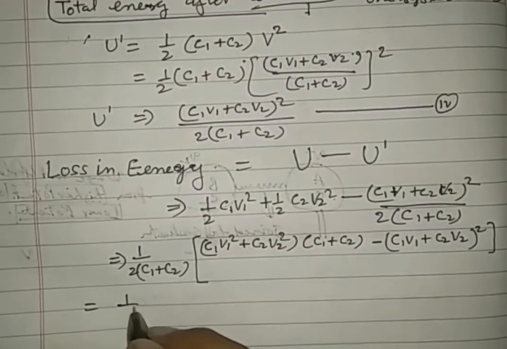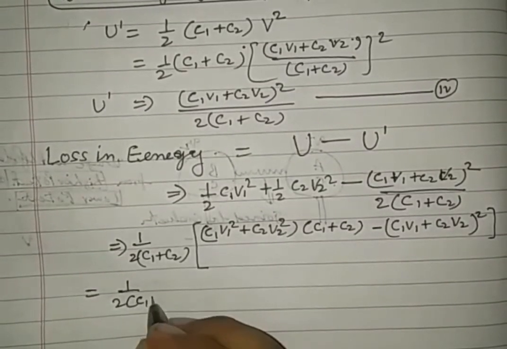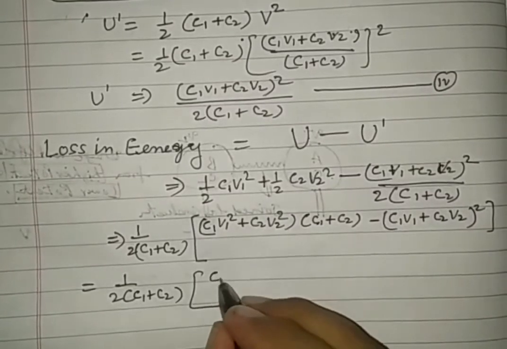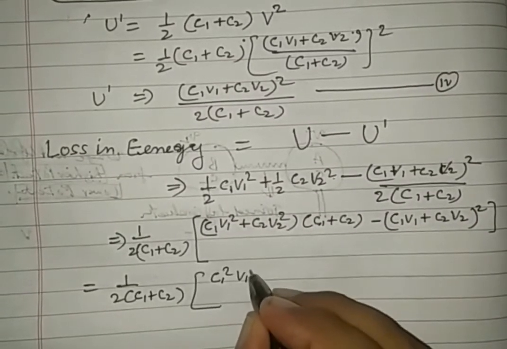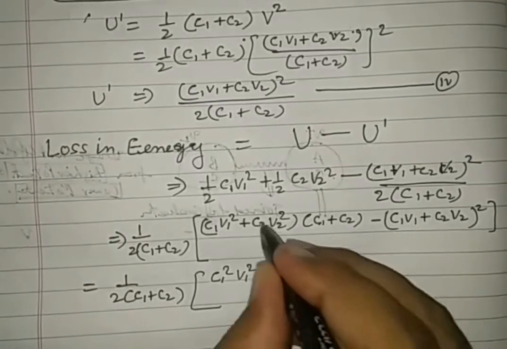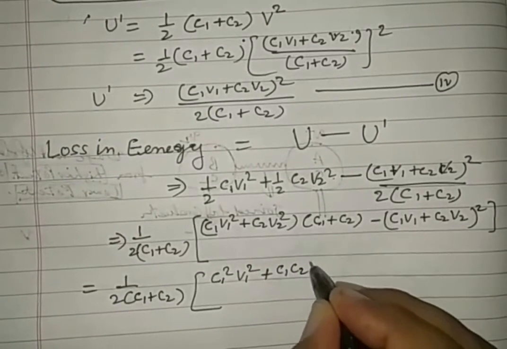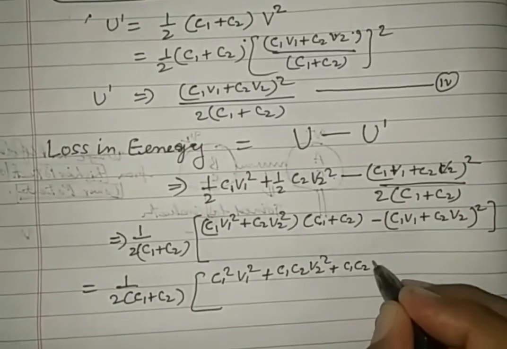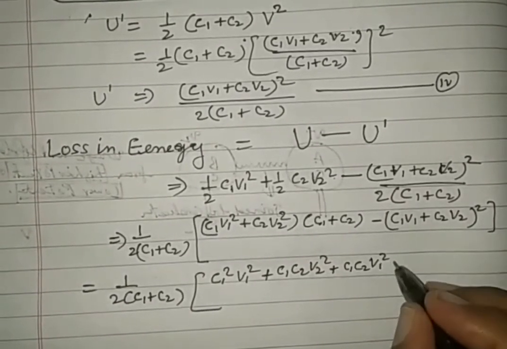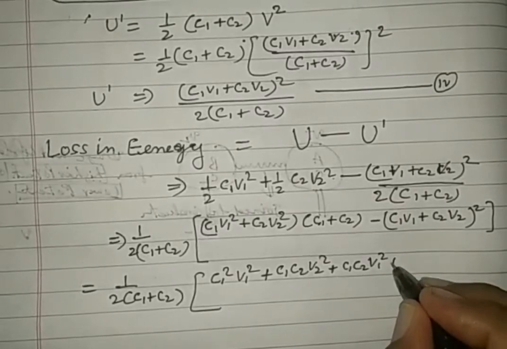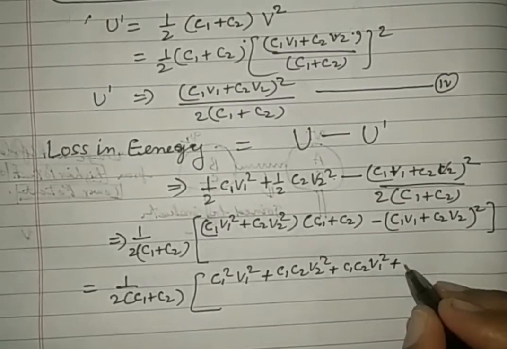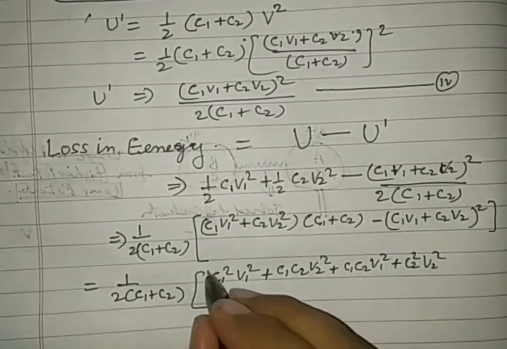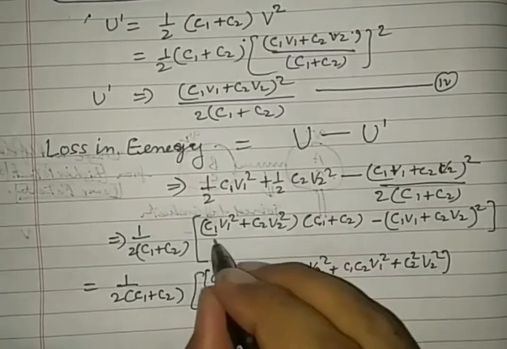Now see how we multiply C1 plus C2. It is C1 square V1 square plus C1 C2 V2 square, plus C1 C2 V1 square plus C2 square V2 square, due to the expansion.